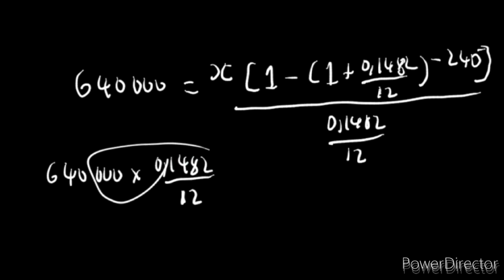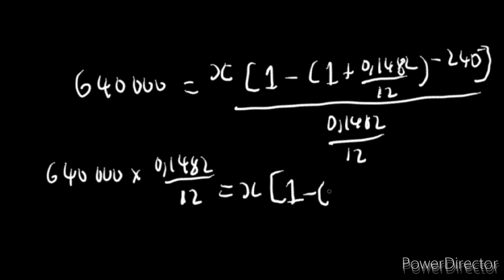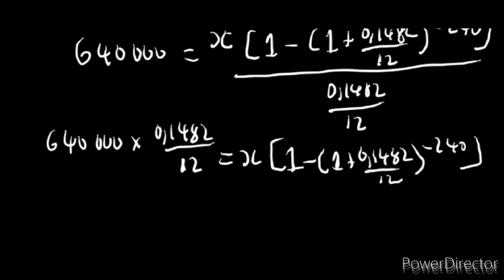This is how we get rid of this denominator. Then we have x times 1 minus 1 plus 0.1482 over 12, to the power of negative 240. So that's what we're left with.